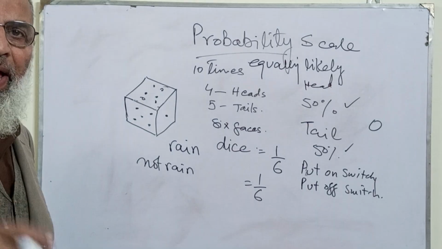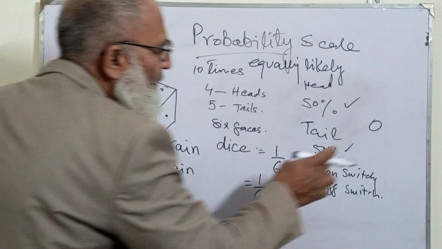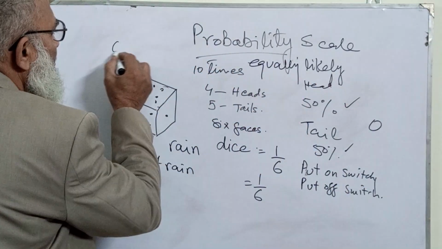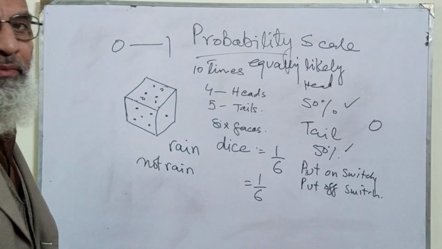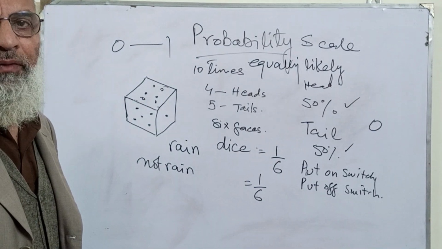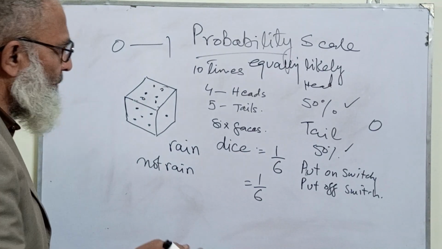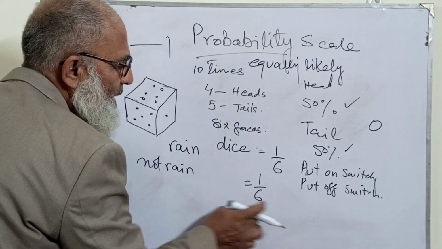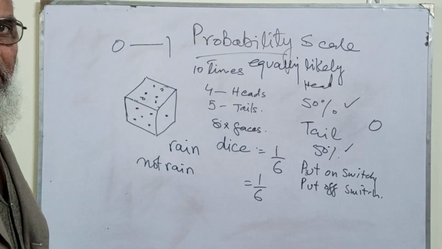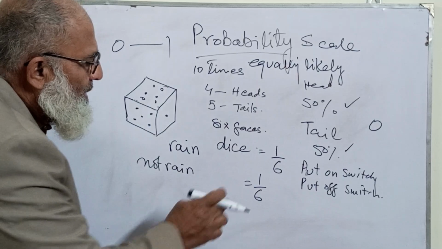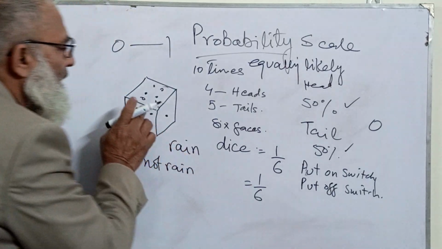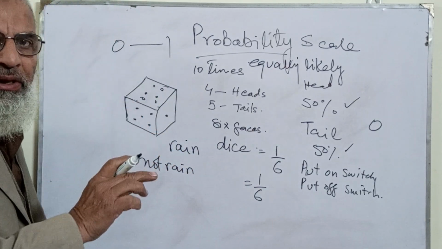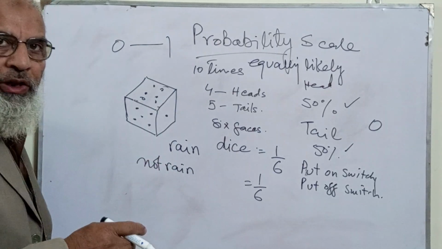Probability scale. Every probability will fall between 0 and 1. For example, there is a 1 by 6 chance of getting a 1 or a 6 on the dice if we roll the dice.